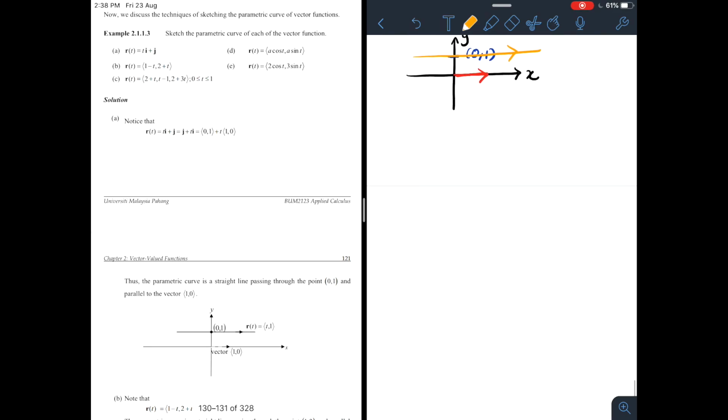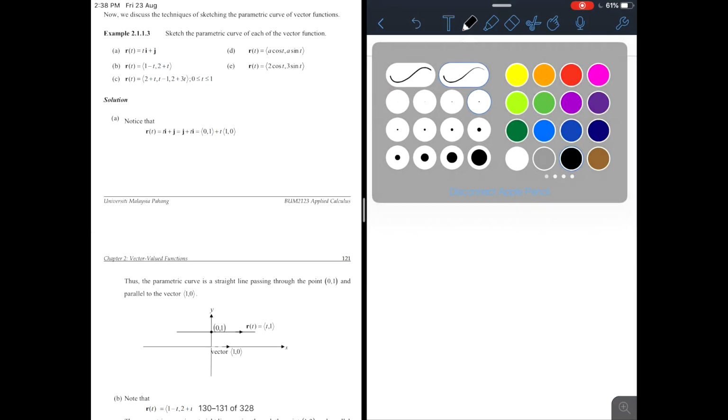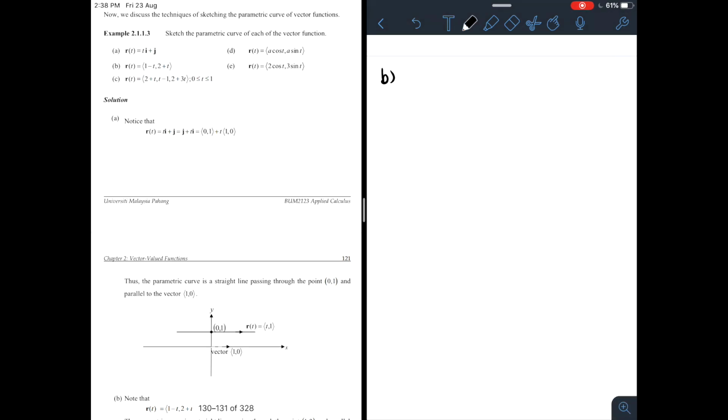Okay, let us try question number 2. You have been given this question, vector r(t) equals (1 minus t, 2 plus t). So what should you do? Try to present your expression in a form that you are familiar with.